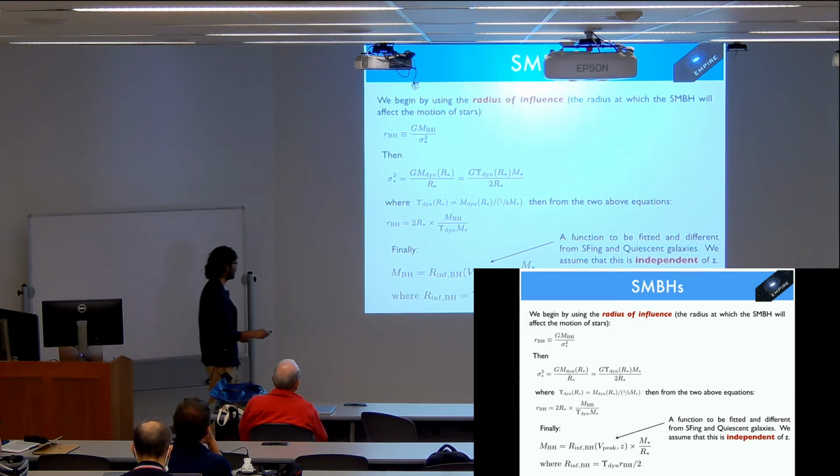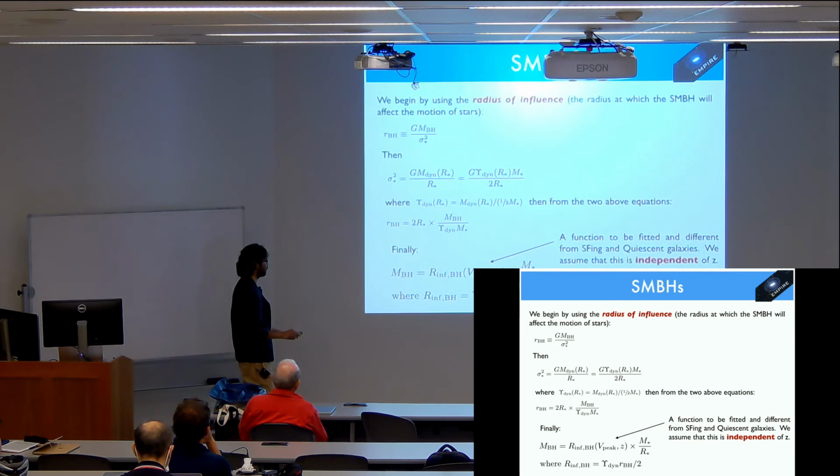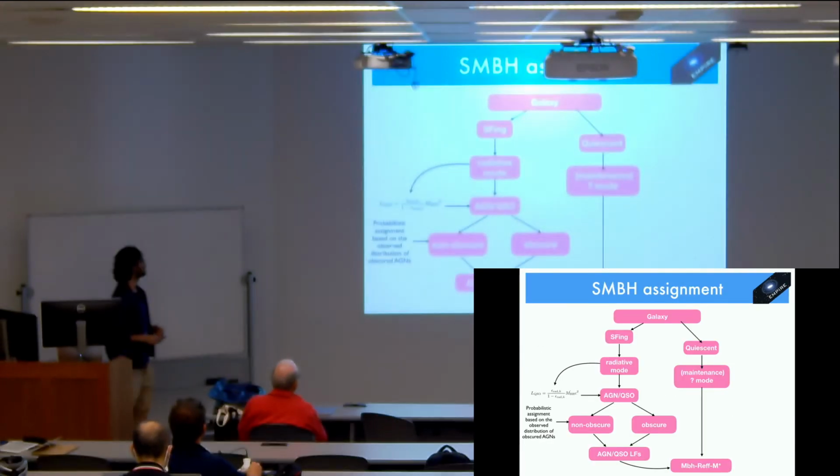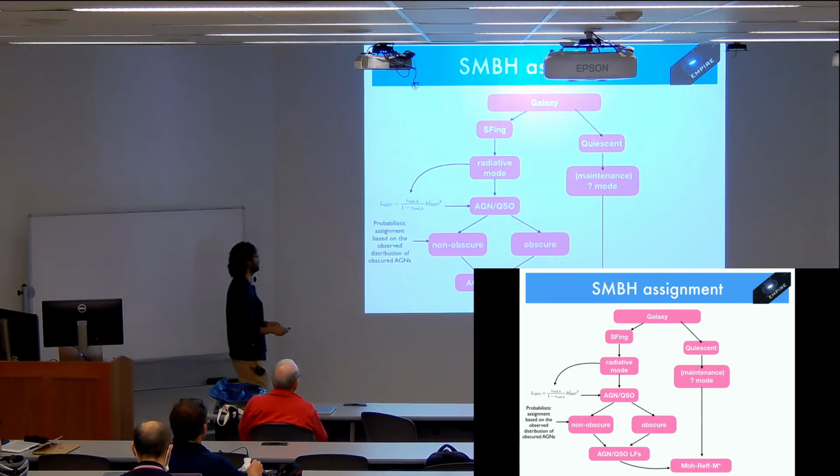Now, it is important to note that we assume that this parameter is independent of redshift, but we fit it to the data. The next point was to assign the supermassive black holes in the model. The main point of this assignment was that all galaxies that were star forming will host AGNs and quasars.